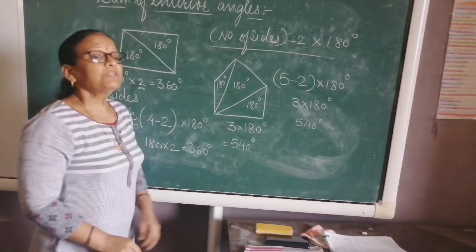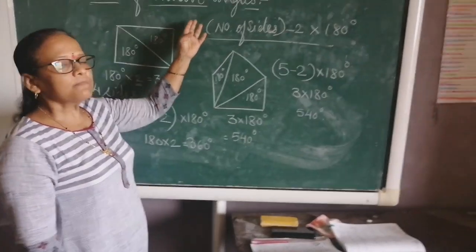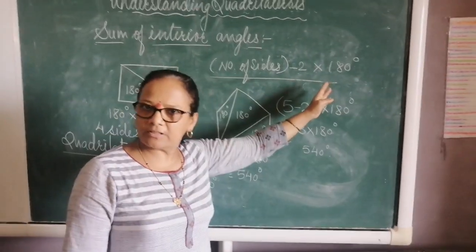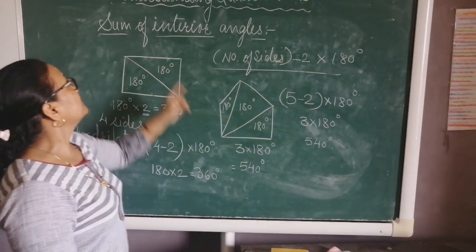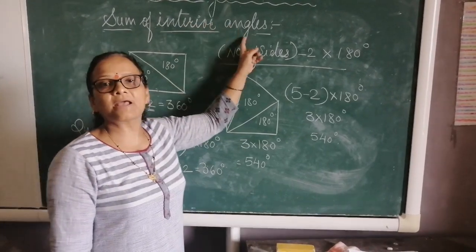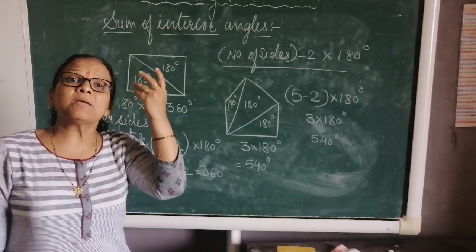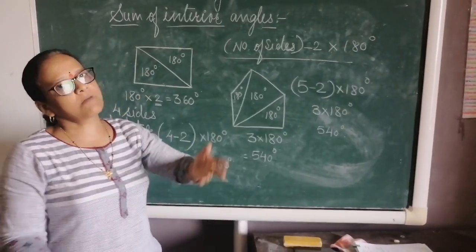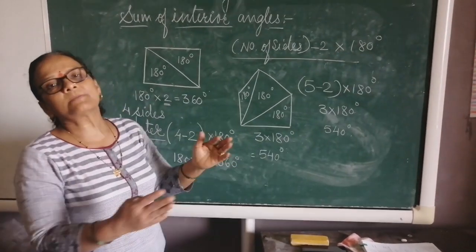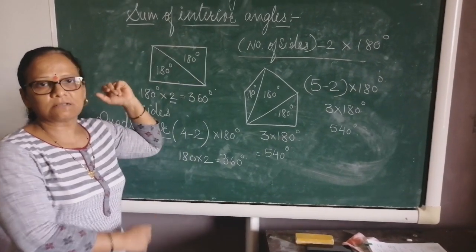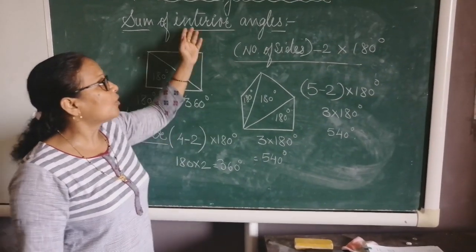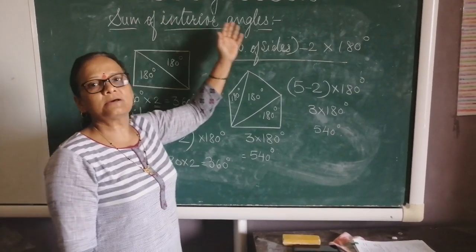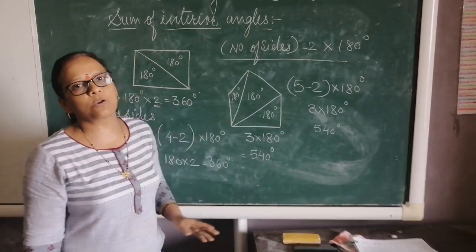Means for any polygon, whatever it may be, say 9 sides, 9 minus 2 is 7, 7 multiplied by 180, you will get the answer. Clear? This is the formula to find the sum of the interior angles of any polygon.